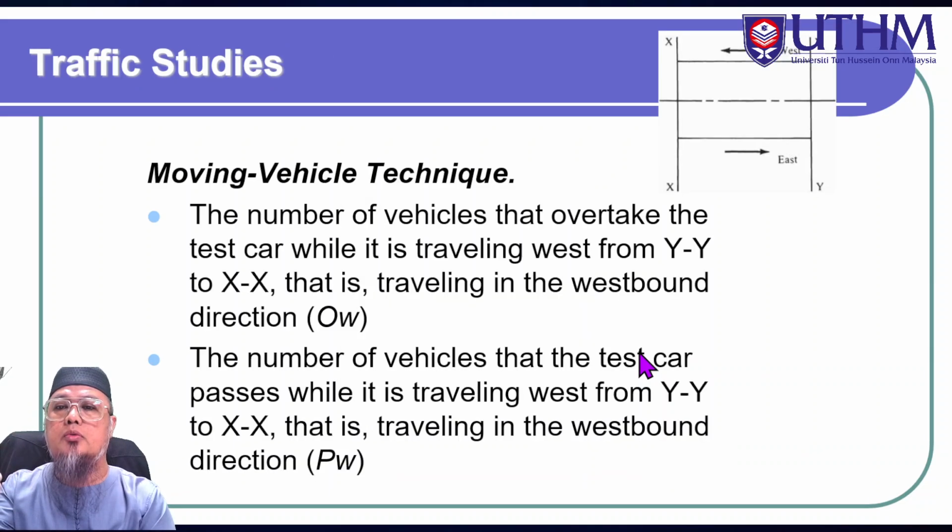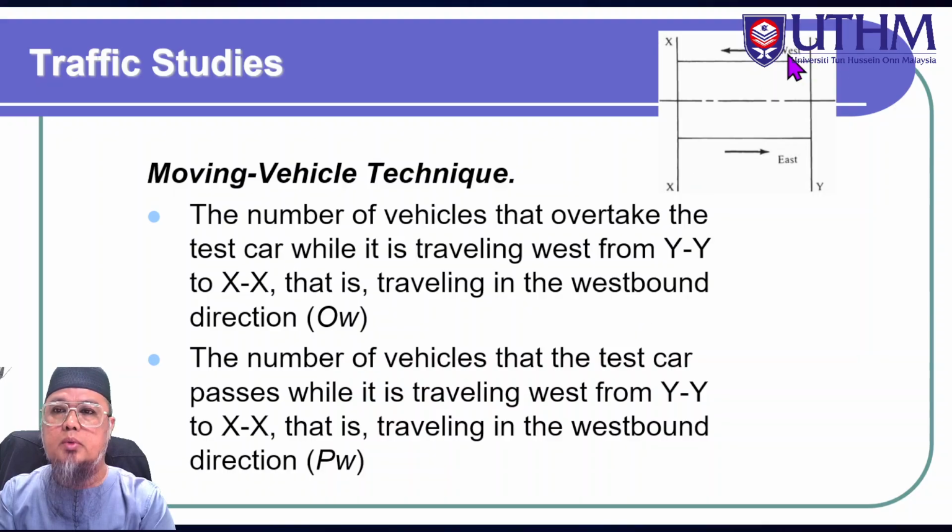Now they also have the overtaking traffic, the number of vehicles that overtake the test car while traveling from Y to X, the westbound direction. So they put O for overtake and W for westbound.